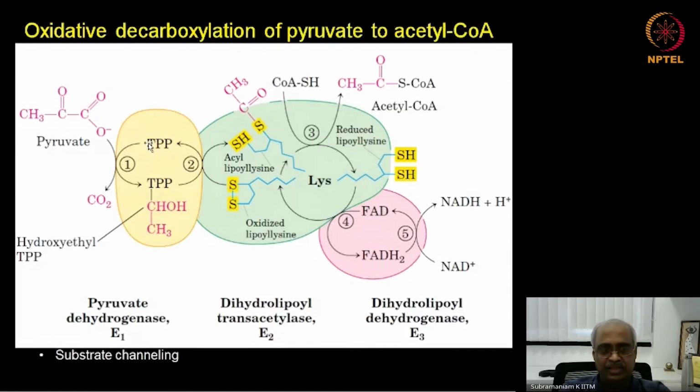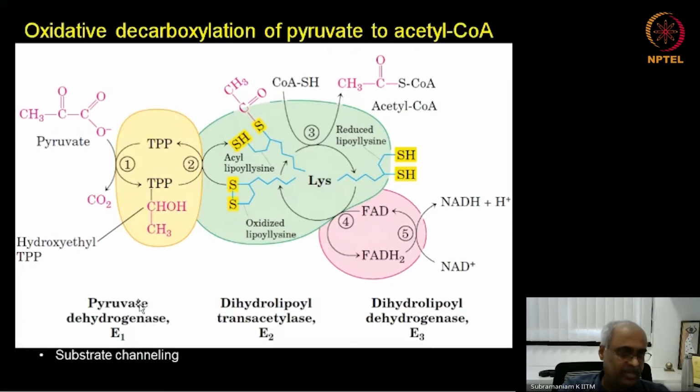This thiazolium ring has one carbon that is a carbanion, which is weakly acidic, therefore it readily becomes a carbanion, and that has a nucleophilic attack on this carbonyl carbon, and that is how these two carbons are taken in the form of an activated acetaldehyde on thiamine pyrophosphate, that is this hydroxyethyl TPP. So this we already know in the pyruvate decarboxylation reaction mechanism.